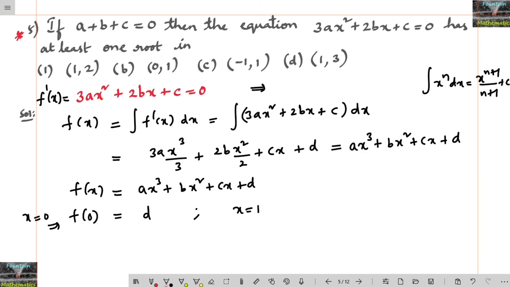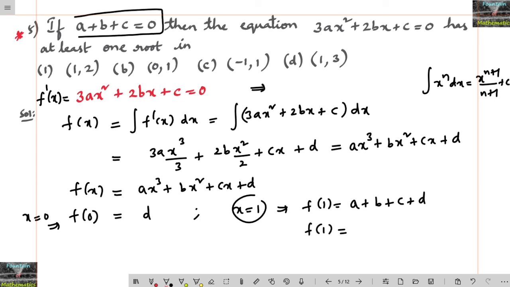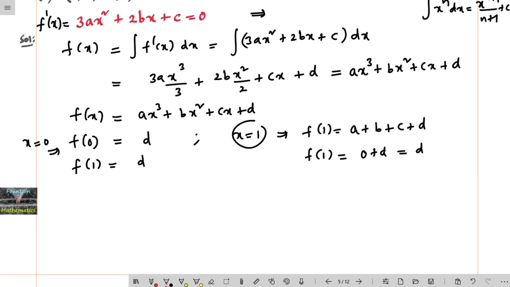And if I take x is equal to 1, we get f of 1 is equal to a into 1 cube, which is a, b into 1 square, which is b, and c into 1, which is c, plus d. Since a plus b plus c is 0 as given, f of 1 is 0 plus d, that is d. So f of 0 is equal to d and f of 1 is also equal to d. These two values are the same.